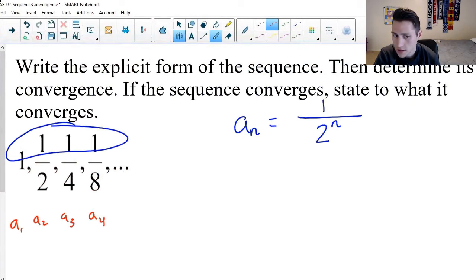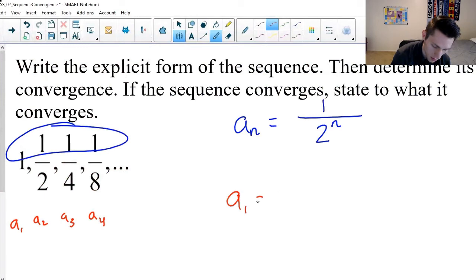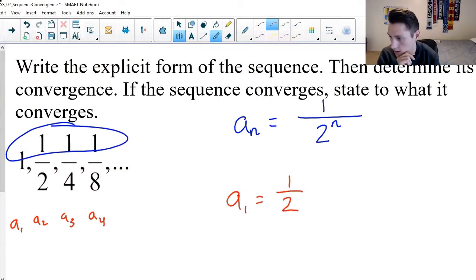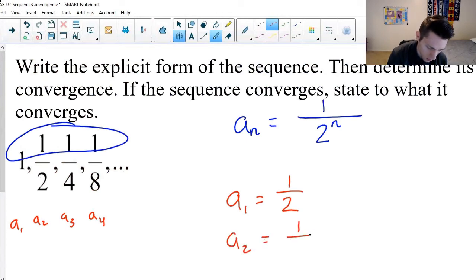Okay. So wait a minute, does this actually work? Because if I were to find a1, that would be 1 over 2 to the first power, so that would give me 1/2. Or if I did a2, that would give me 1 over 2 squared, which would be 1/4.